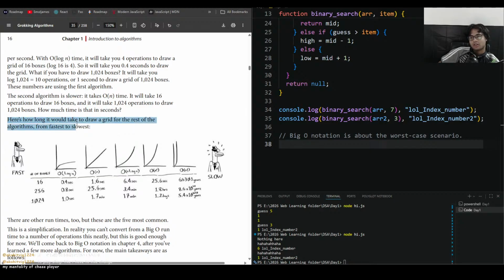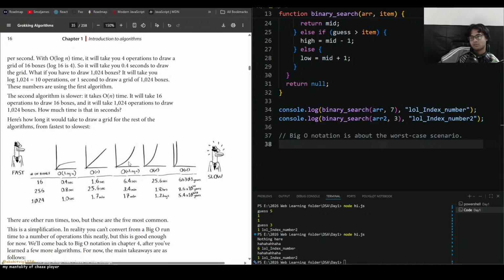Here's how long it would take to draw a grid for the rest of the algorithms, from fastest to slowest. This is O(log n). That's linear.